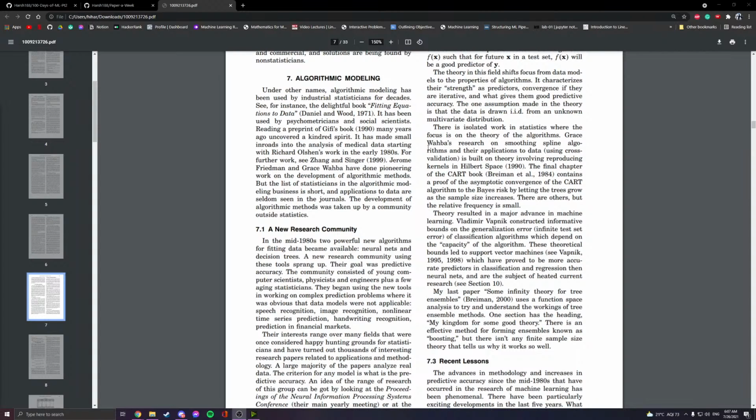Basically, when he talks about algorithmic modeling, he's talking about the transition where, in the late 20th century, around the 1960s, 1970s and upwards, a lot of people, specifically computer scientists, were focusing on very hard, difficult tasks which couldn't be solved by normal data models.